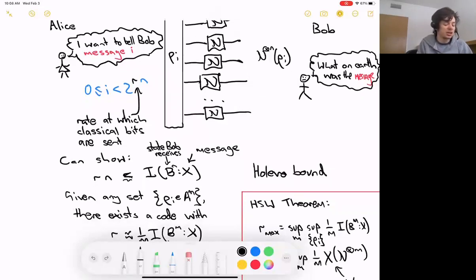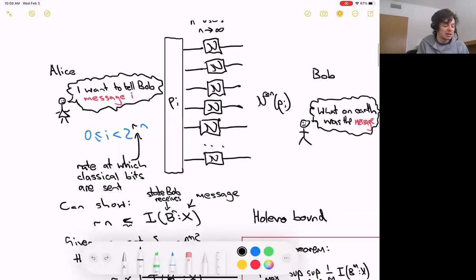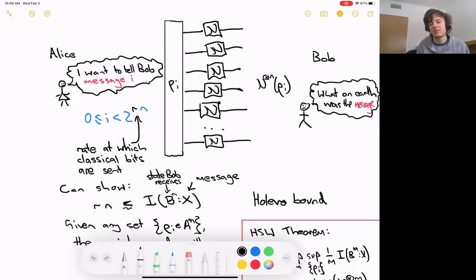So the first thing you can pretty easily show is that r times n, the number of classical bits successfully sent, has to be less than the mutual information between the state \mathcal{N}^{\otimes n} acting on rho_I that Bob receives, and the original message I. The amount of correlation between those things is upper bounded by the mutual information between them, and so that upper bounds the amount of information that can successfully be sent. So this is called the Holevo bound.